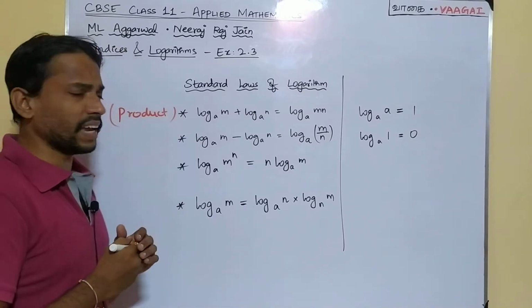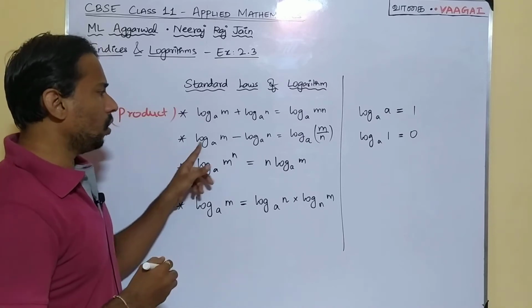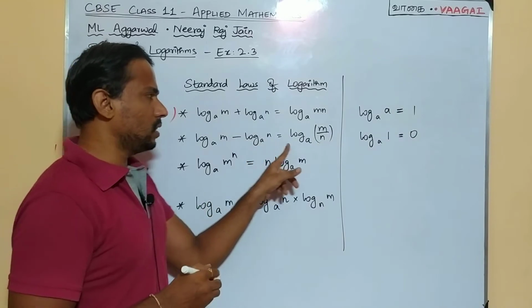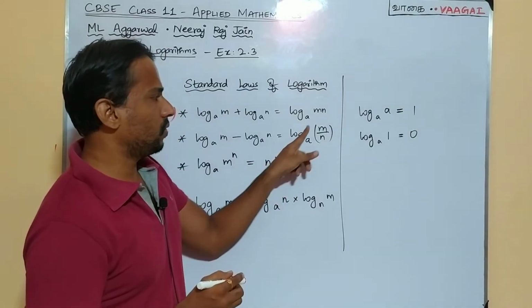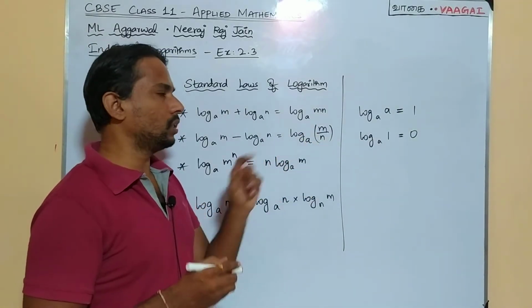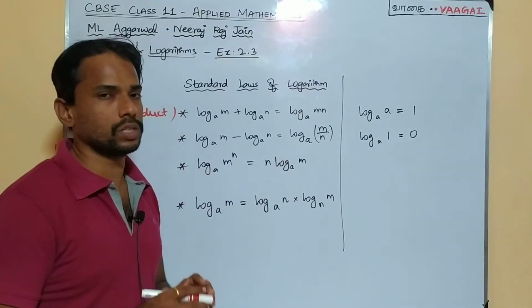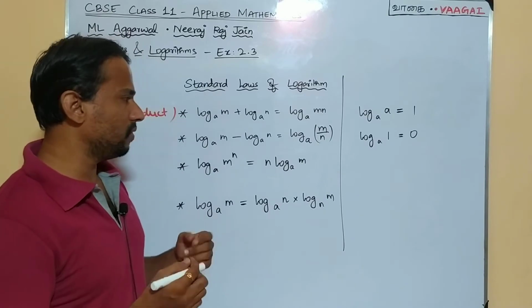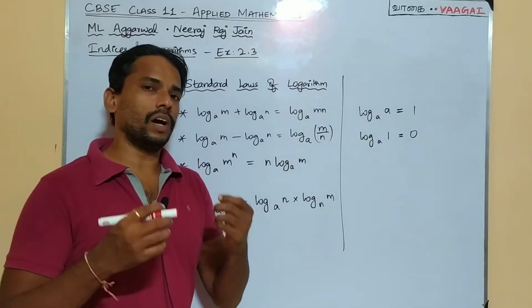Now the second one says log of m to the base a minus log of n to the base a is equal to log of m divided by n to the base a. I hope you will be able to understand the second one; it's going to be very easy, with only a very small change.